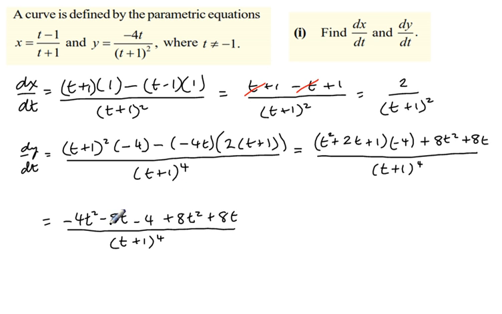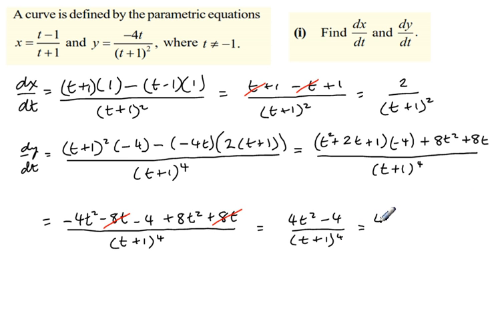Notice here I have a minus 8t and a plus 8t, and that gives you 0. And I'm going to add 8t squared, take away 4t squared. That'll give me 4t squared minus 4, all over t plus 1 to the power of 4.